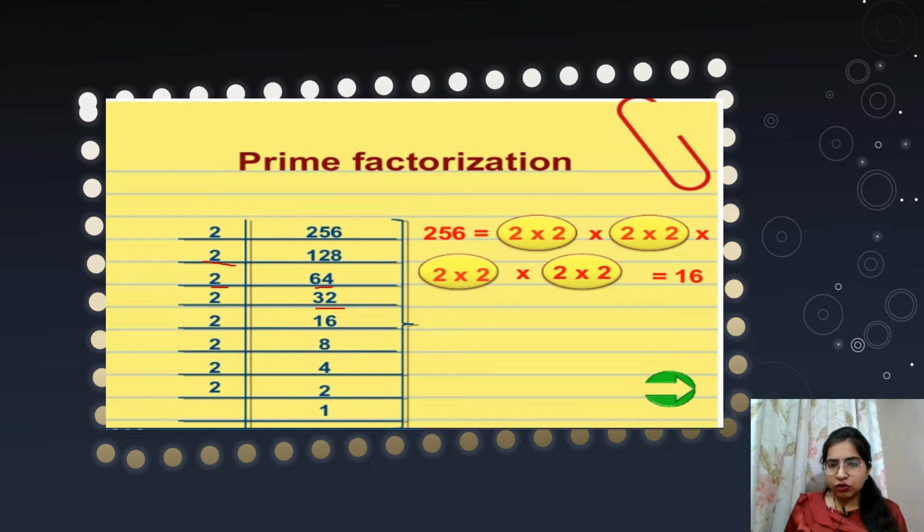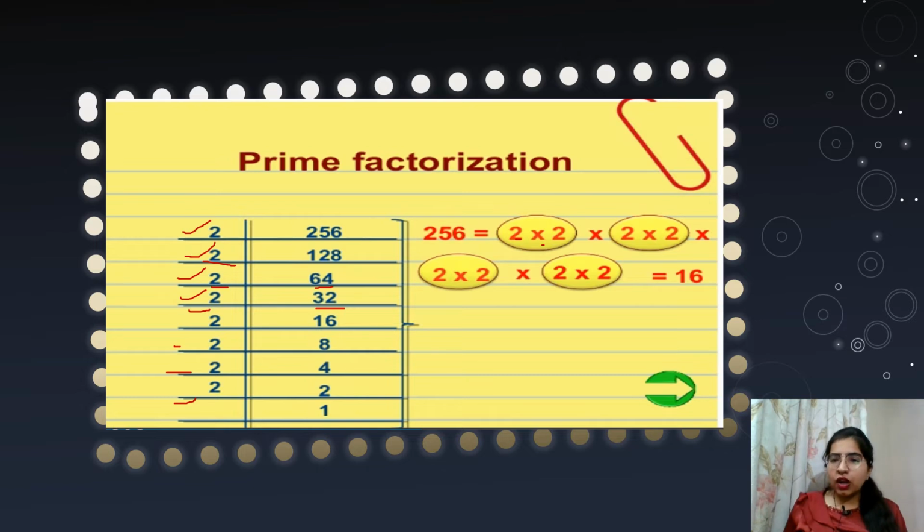You have to do factorization like this. Now the factors are 2 written 8 times. You have to write 2 into 2, 8 times as factors.